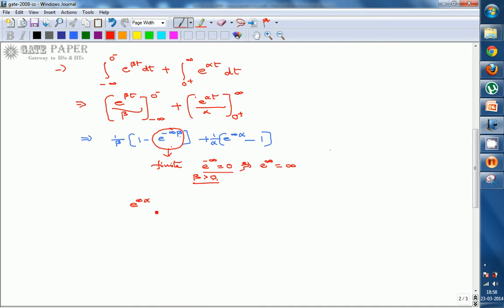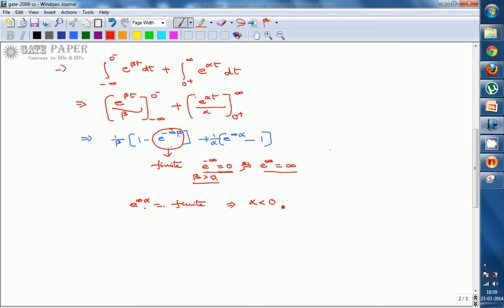In order to make this a finite value, we know that e power minus infinity is 0 and e power infinity is infinity, so the alpha value must be taken as less than 0.